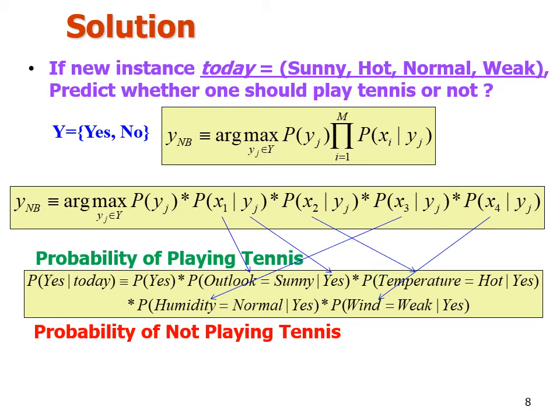So actually this is computed as the product of the probabilities of all the attributes for given values of today given yes multiplied by probability of yes.